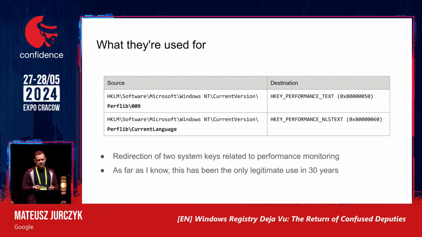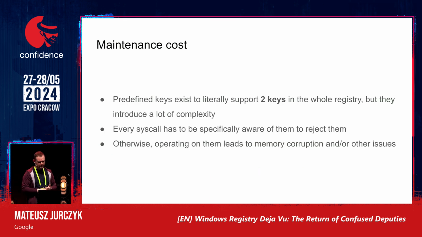And as far as I know, this was basically the only legitimate use of those kind of predefined handles in the last 30 years. But there's a huge maintenance cost of that, because you literally have two keys in the whole registry which are predefined keys. At the same time, they introduced a lot of complexity, because when I was analyzing the code, I saw that it's important that no syscall operates on this kind of key, because it has a different binary structure than the normal key in the hive.